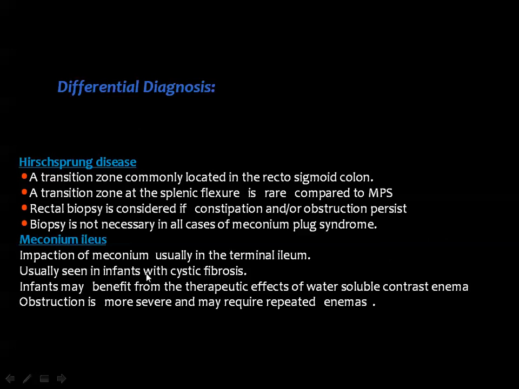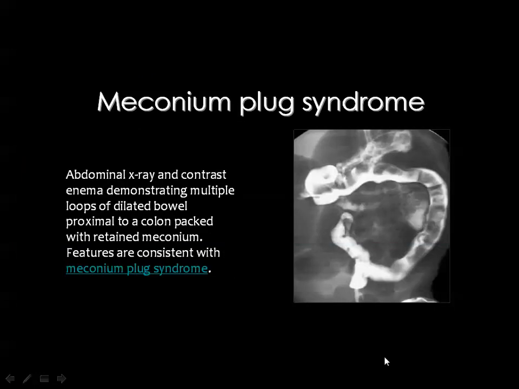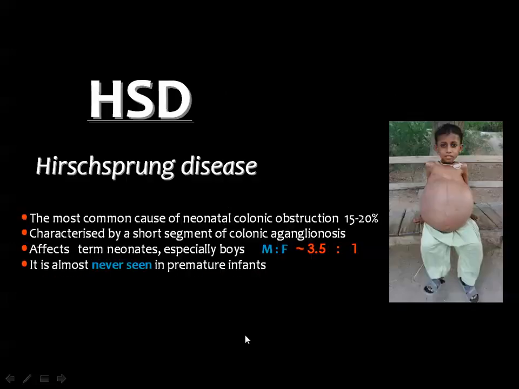Meconium ileus has an intimate relation to cystic fibrosis, and infants may benefit from the therapeutic effects of a water-soluble enema to push the meconium. If you see meconium with multiple filling defects in the distal part of the colon, this is known as meconium plug syndrome or small left colon syndrome.